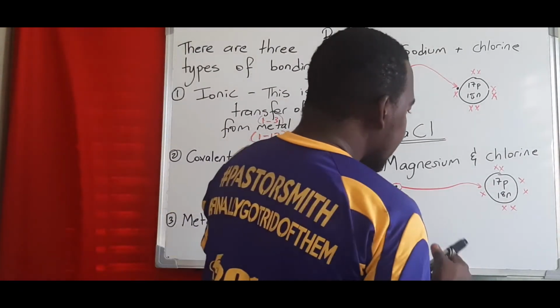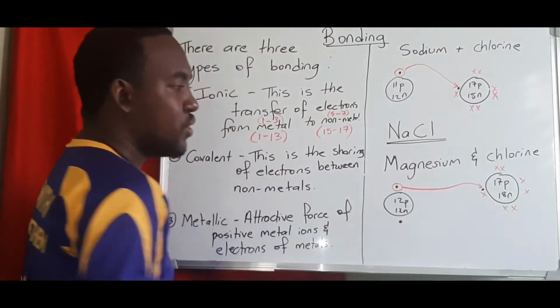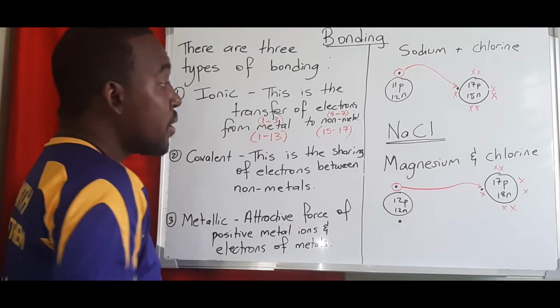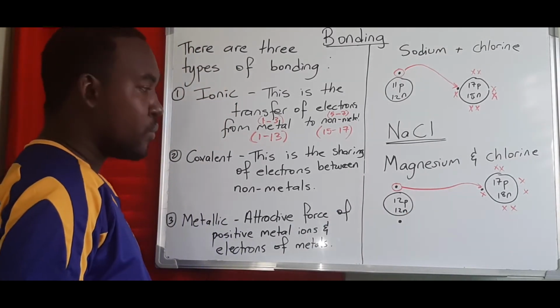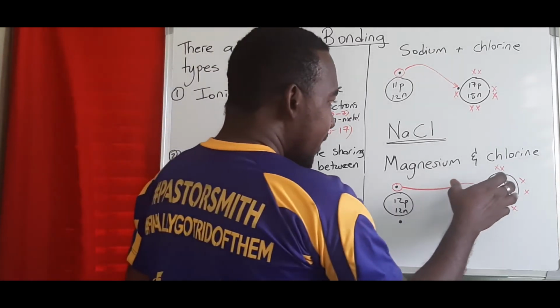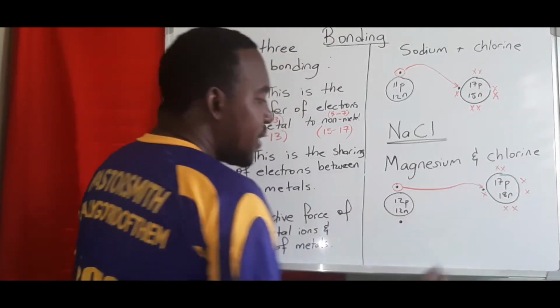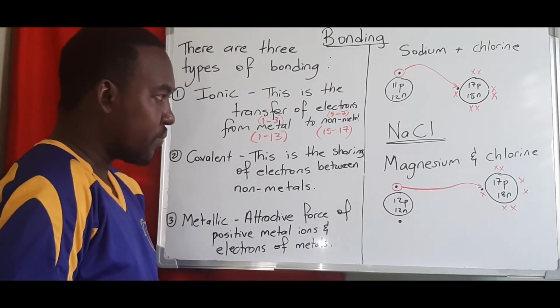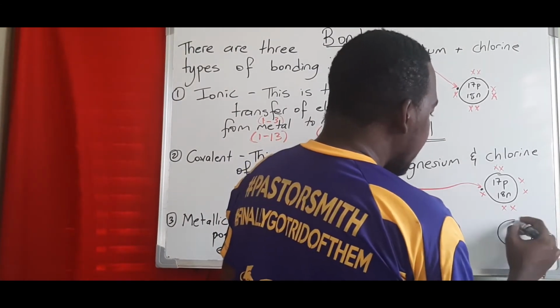Now we notice that chlorine is balanced, because it now has 8 on the outer shell. But magnesium still has 1 remaining. So we need another chlorine to take that electron. Now we're going to need another chlorine.